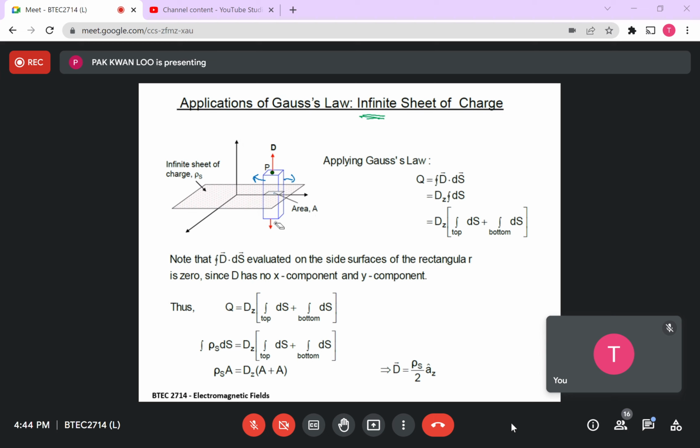How is it that the Gaussian surface is appropriate? The sheet is flat, and this rectangular cube is also flat. I try to redraw this cube here, just drawing the top part to explain.